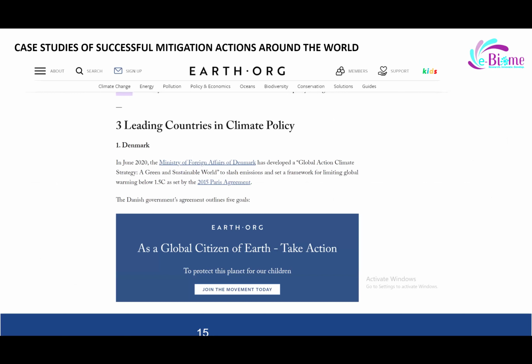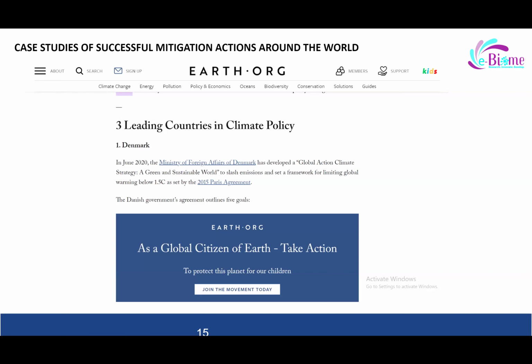One of them is Denmark. So Denmark has developed a global climate action strategy, a green and sustainable world. It's essentially to slash emissions and set frameworks for limiting global warming below 1.5 degrees Celsius as set by the 2015 Paris Agreement. And from the items that are listed in their document, it tells you that their plans are very strategic and feasible.